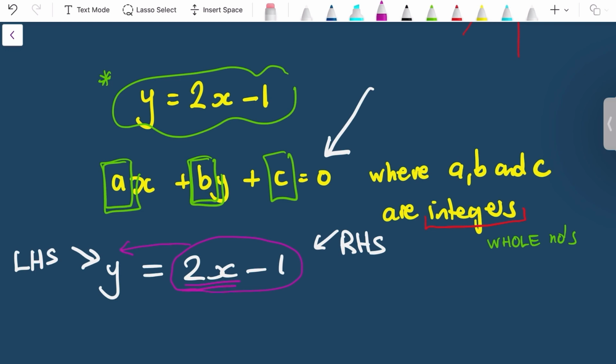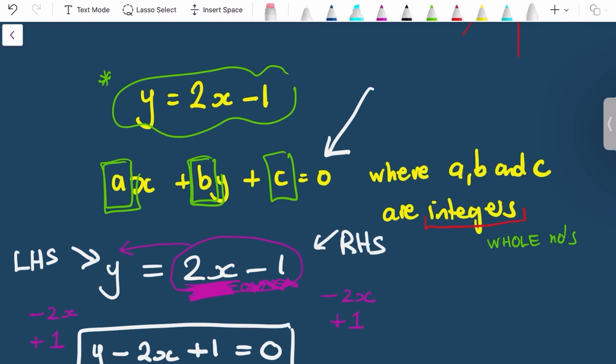So in order for me to get rid of the 2x here, I need to take away 2x, which means I need to do the same on the left. And in order to get rid of the subtract 1 or the negative 1, I need to plus 1 on the right, which means I need to plus 1 on the left. And therefore, rearranging this into standard form, I will end up with y minus 2x plus 1 equals 0.